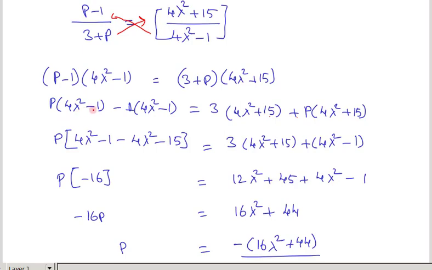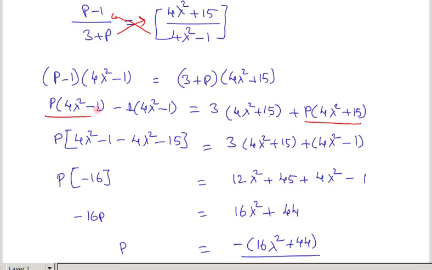Now on doing the simplification, p is there on the left and p is also there on the right. So on transposing this positive term to the other hand, it becomes negative. That's why I took p as common.